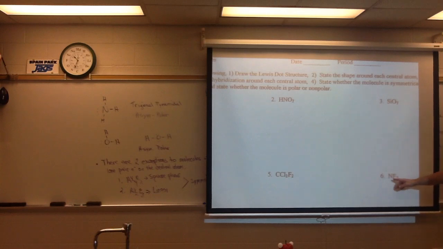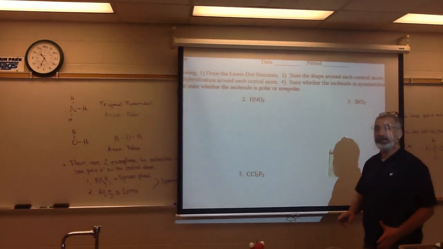Now NF3 is just gonna be like NH3, but again, we're gonna have a lone pair on the nitrogen. So is it symmetrical or is it asymmetrical? Due to its pyramidal shape, okay? And again, these are two big electronegative elements, but there's still gonna be a significant difference, and it's gonna be polar.